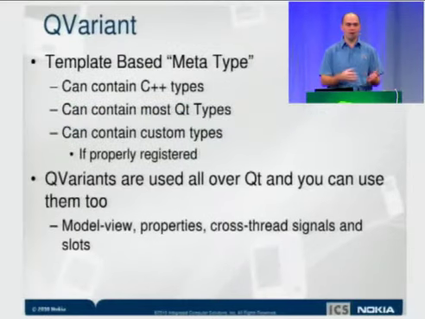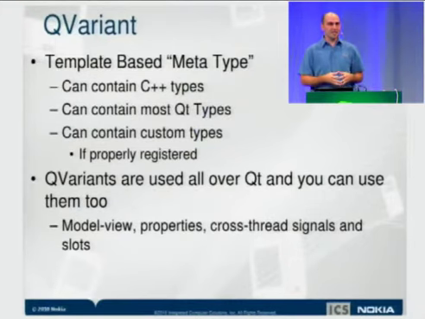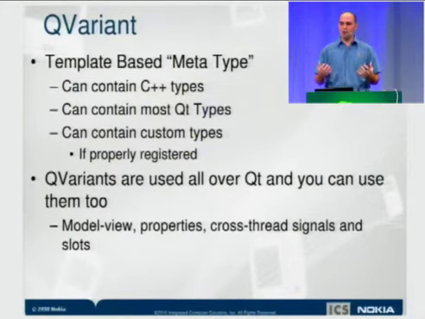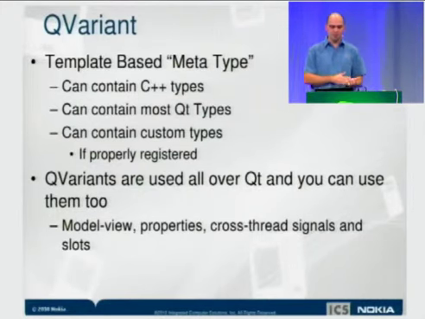So we'll move on to talking about QVariant. We talked about how there's this meta type that allows you to save and restore generic things from QProperty, and it's based on a variant type. Basically, this is a template class that is going to hold what I would call a glorified void star to your type, and it remembers the type and is able to convert it back and forth from variant type to your type.